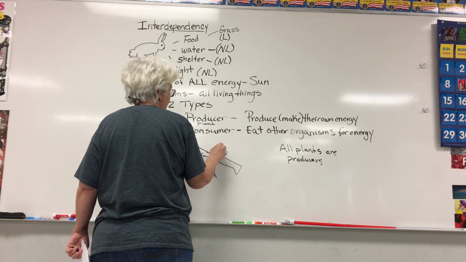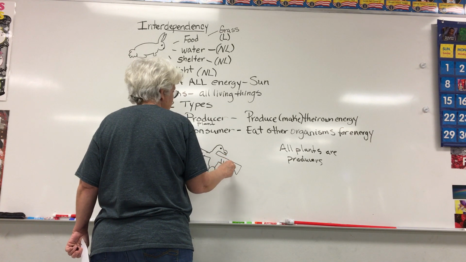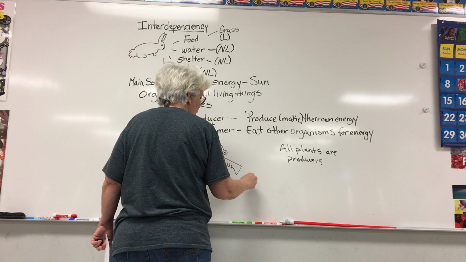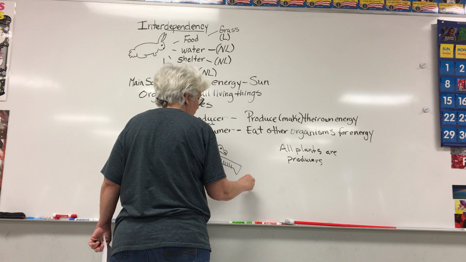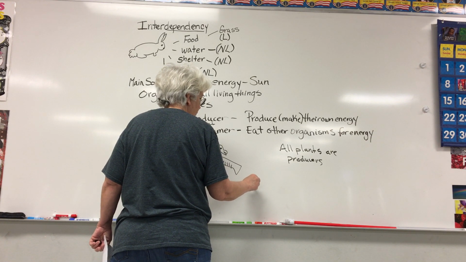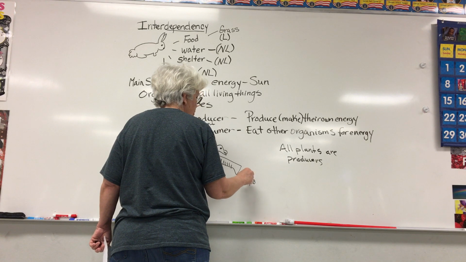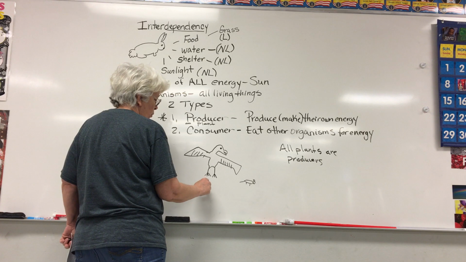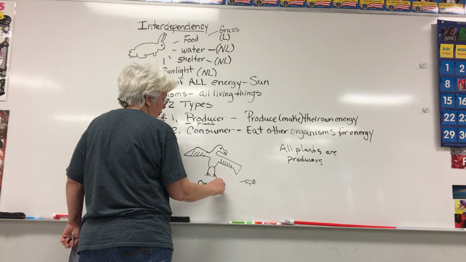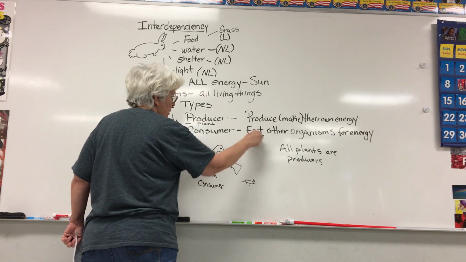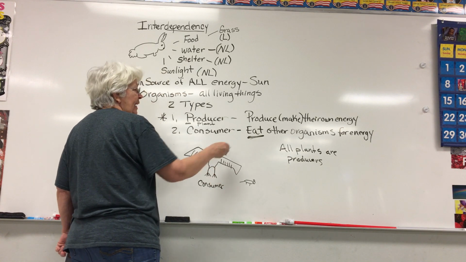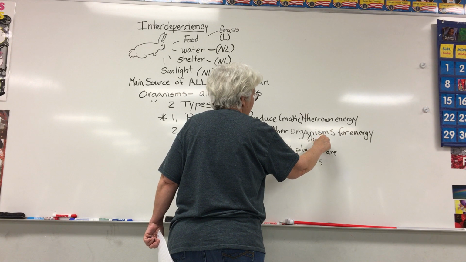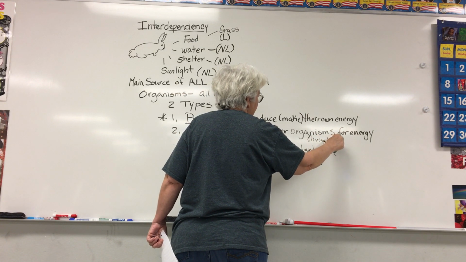But say this is my eagle, and what do eagles eat? Eagles eat small animals like rats. Let me draw a little rat. Or a fish or something like that. And he consumes the rat. He eats the rat. Okay, he's eating another organism. What is another organism? A living thing.